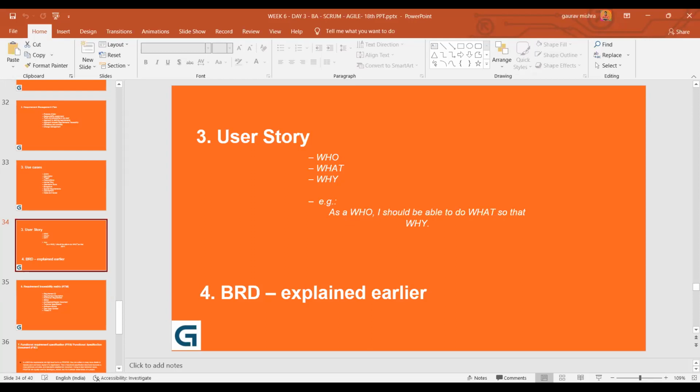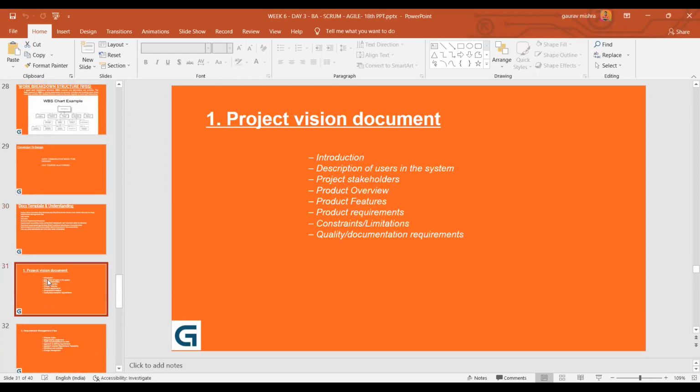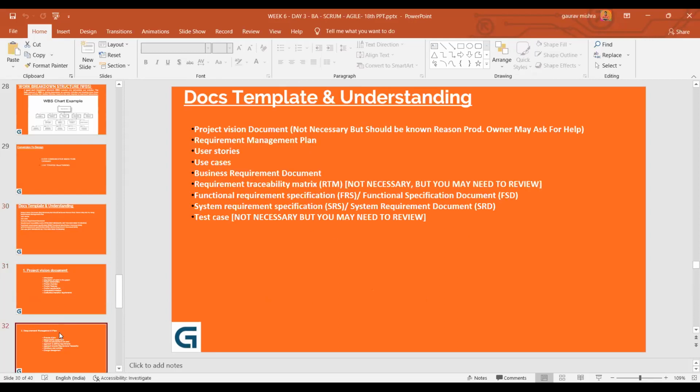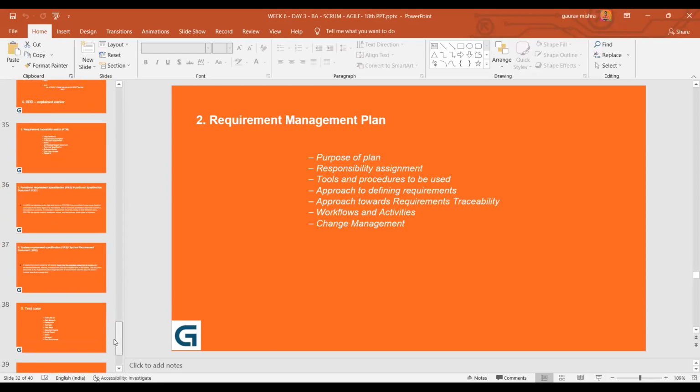Then comes the BRD. BRD is nothing but the business requirement document. BRD is just like a requirement management plan.